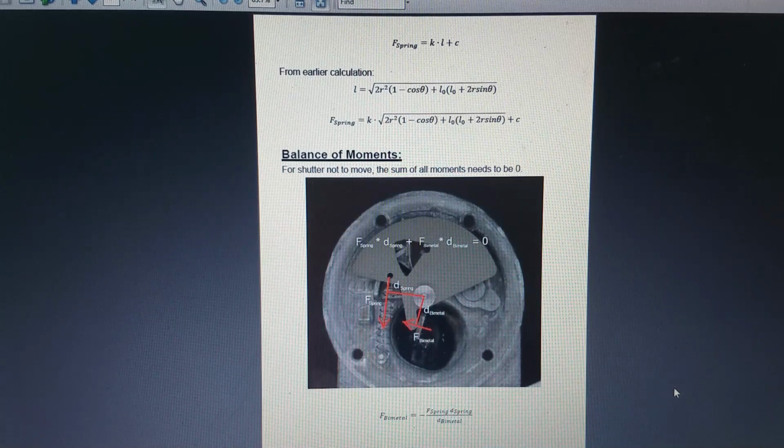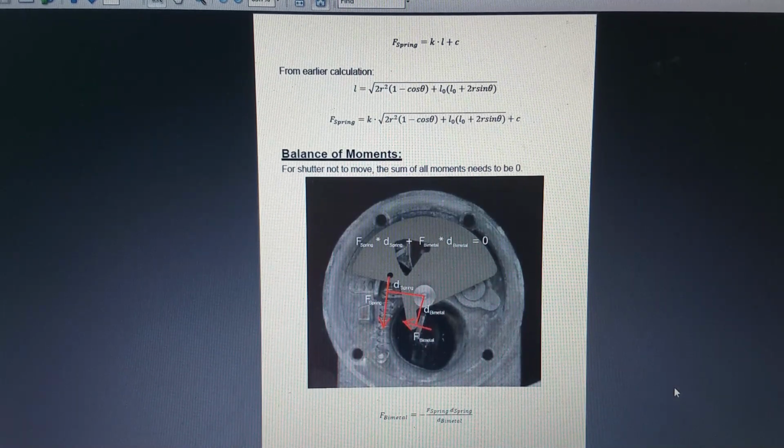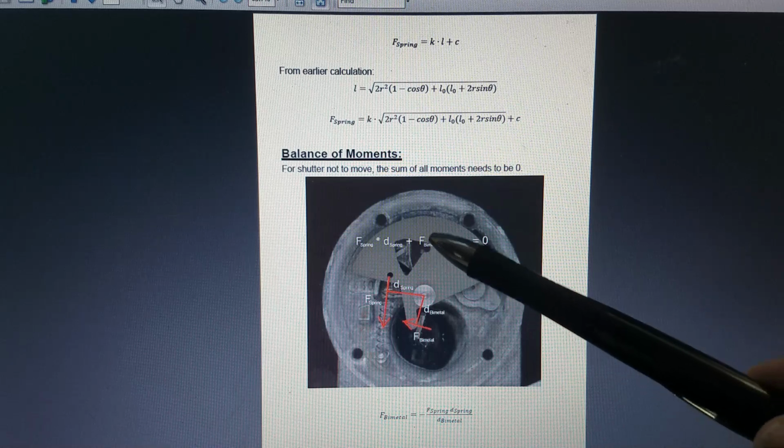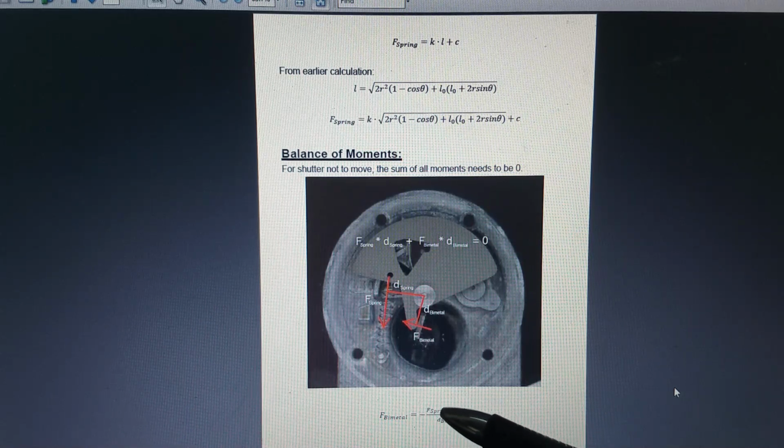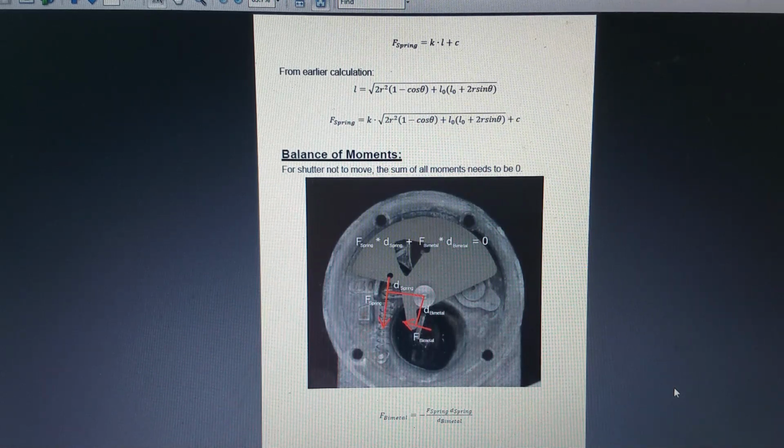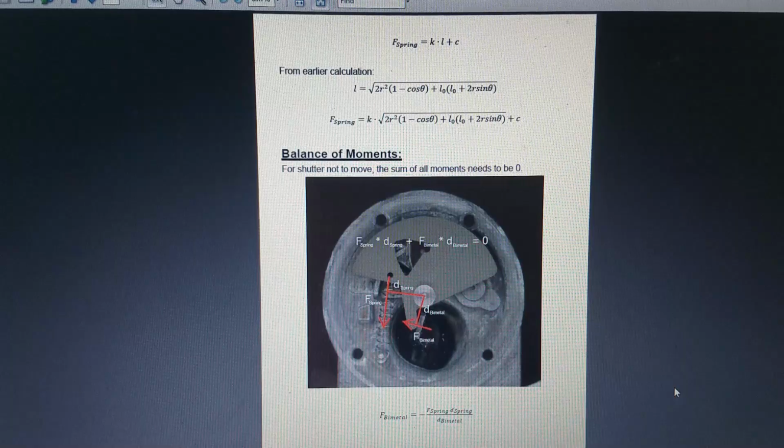So this is our basic equation, and if I solve that for the bimetallic strip, I get F bimetal strip equals negative spring force times the spring's distance from the center of rotation over the distance from the center of rotation of the bimetallic strip. And this is the basic equation, and now we can put everything in that was calculated earlier on.